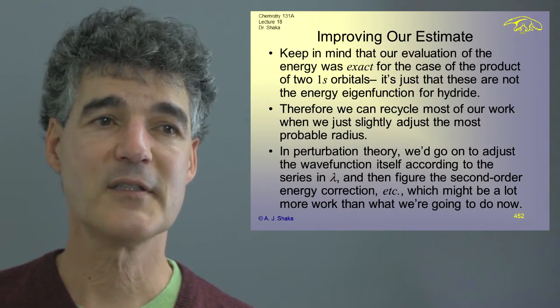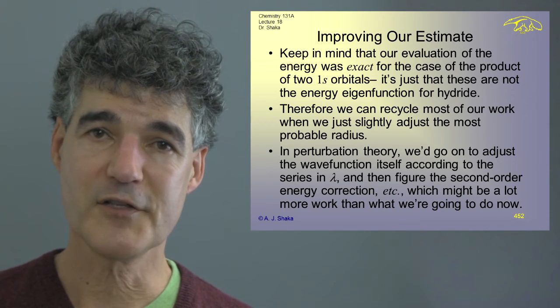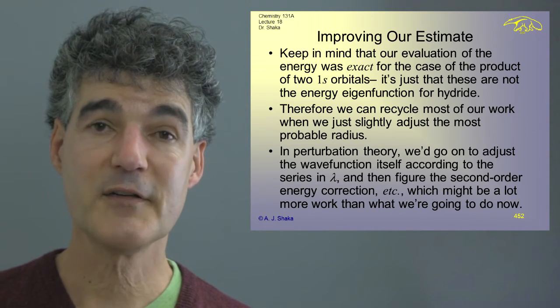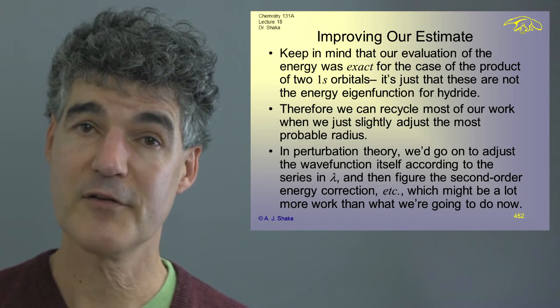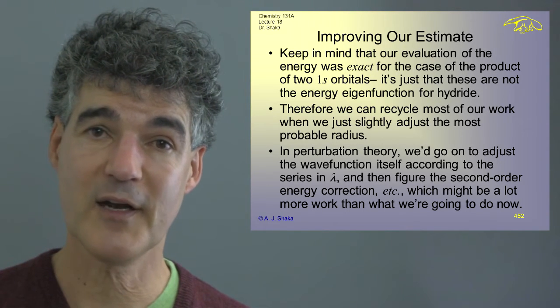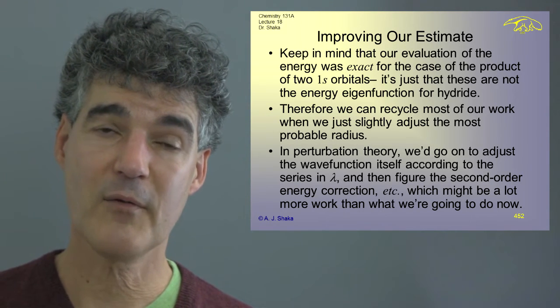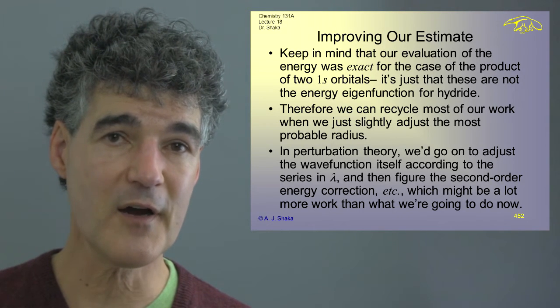All right, so let's keep in mind that our evaluation of the energy, although we did it by perturbation theory there, is in fact exact because we had the hydrogen atom energy, that's exact, minus 1/2 Hartree. And we did the integral over r12 exactly. We didn't make any approximations there.